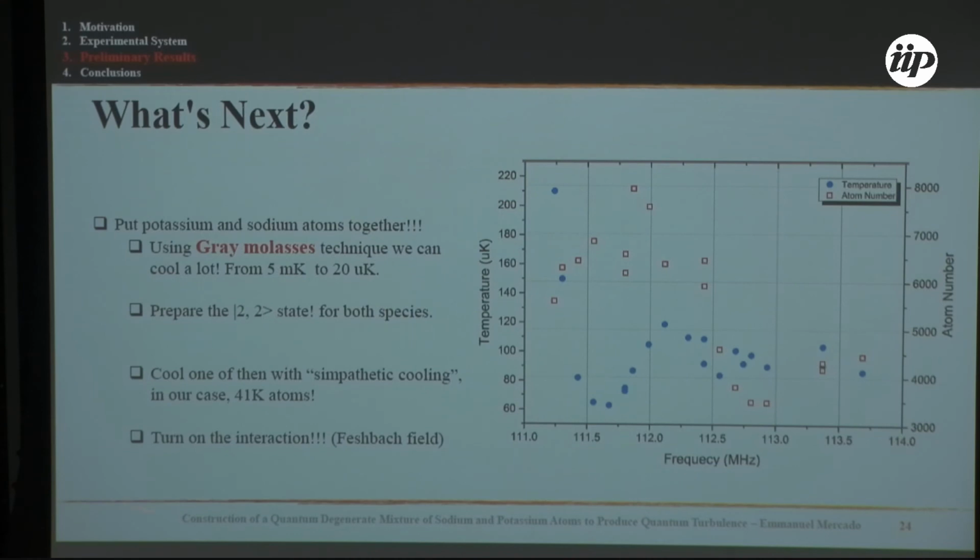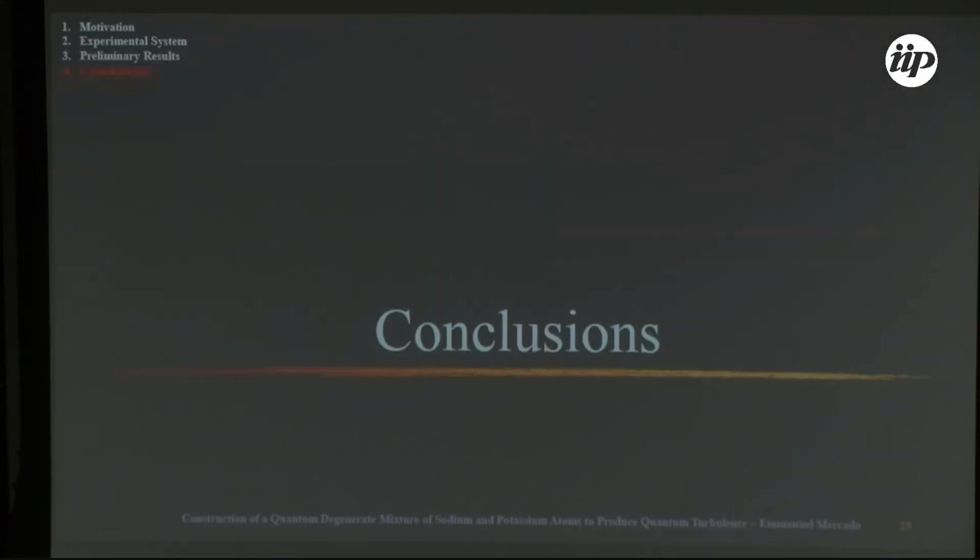So finally, we have to put the interaction on the species and try to reproduce the figure at the beginning, in which we can put a repulsive or attractive interaction between the species and try to produce this mixture.